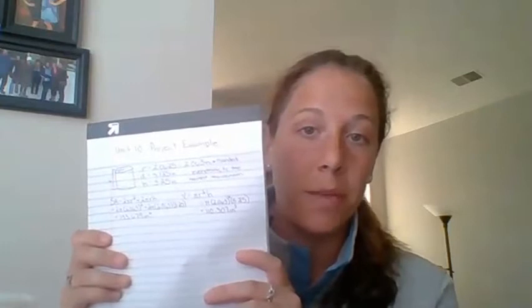For my dimensions, my height is 8.25 inches. My diameter, remember diameter is the entire width, is 4.125 inches. Then I took my diameter and cut it in half to get my radius, and my radius is 2.063 inches. I have all of that written down on my piece of paper already.